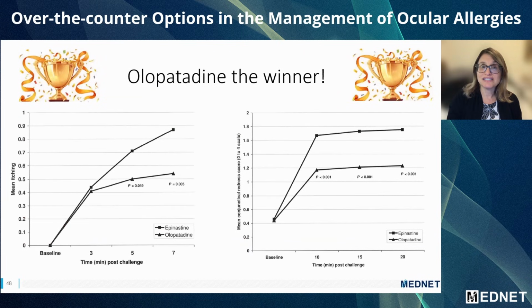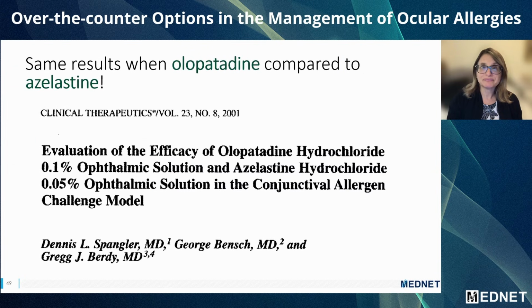And here again, you can see the curves both for itching and for redness. And again, olopatadine was the winner in this study. The same results happened with olopatadine compared to another antihistamine mast cell combo. So in many of the studies, not all of them, but in many of them, olopatadine did the best.